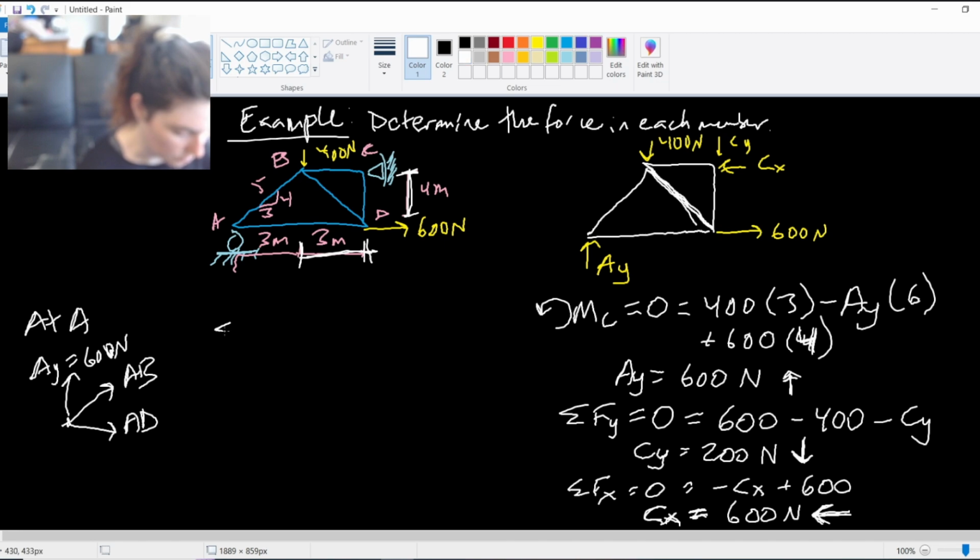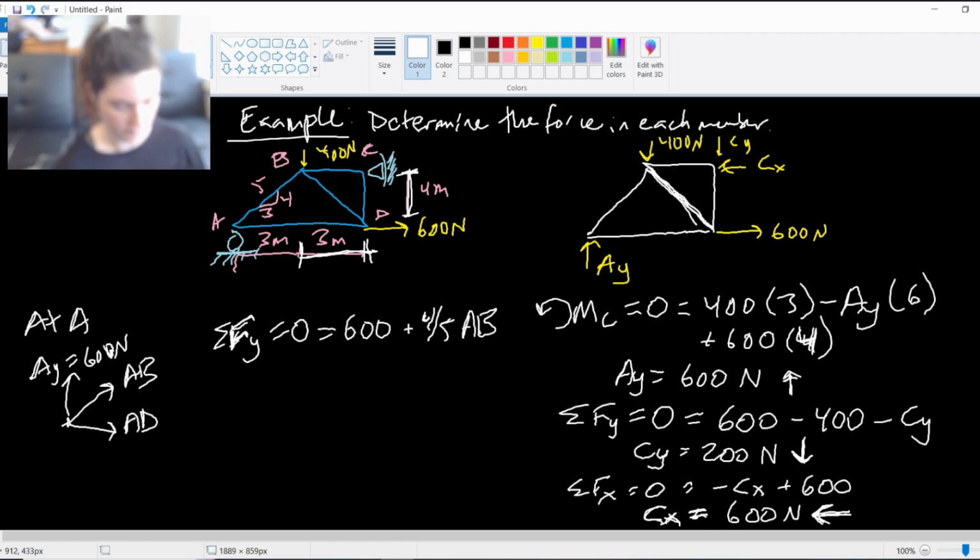So when I set up my equilibrium equations, my forces in the y direction equals 0, going to be 600 plus 4/5 AB. And no AD, it's entirely in the x direction, right?